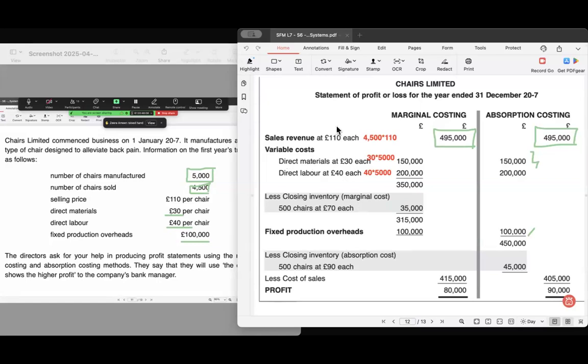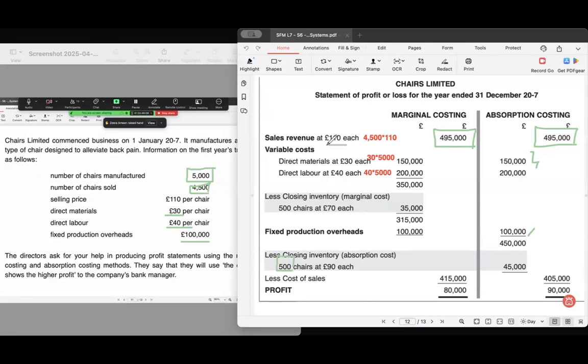Only if we find the cost of the product, we will be able to find the closing inventory. So how many chairs are remaining? 5,000 are the total chairs manufactured, 4,500 are sold. Then how many chairs are remaining? 500 chairs are remaining.